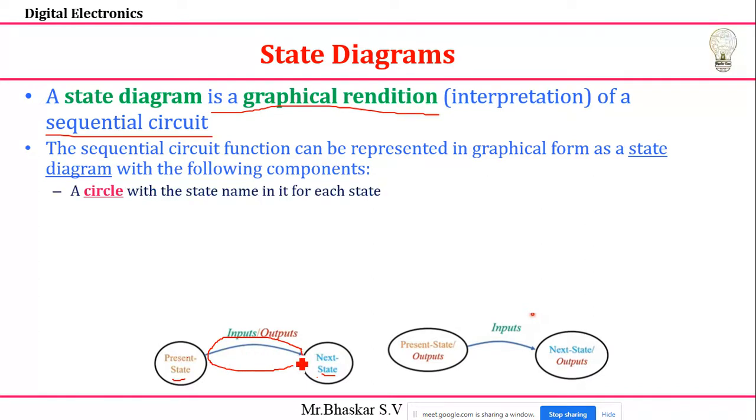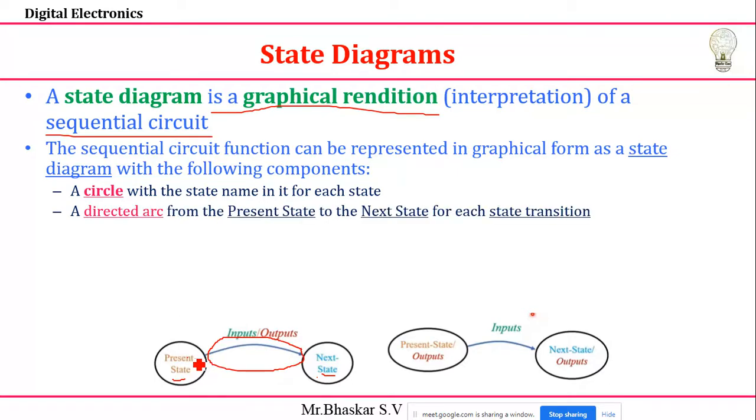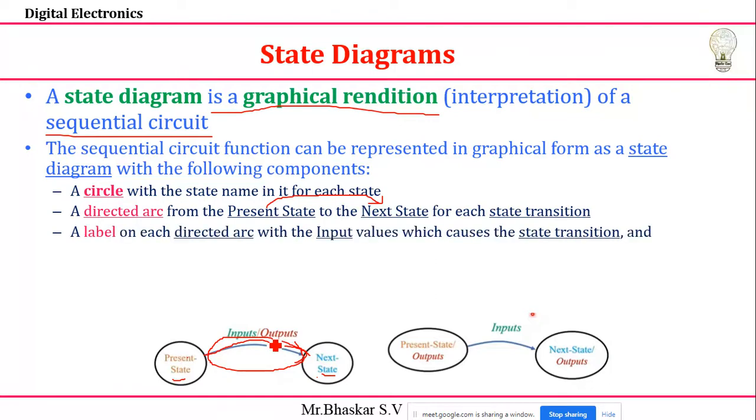You can see that we have a circle with the state name in it for each state. So for each state, we are going to represent the particular state by a circle. Second, a directed arc. I'm going to use one arc here, from the present state to the next state, for each state transition. Third, a label on the directed arc with the input values which cause the state transition.